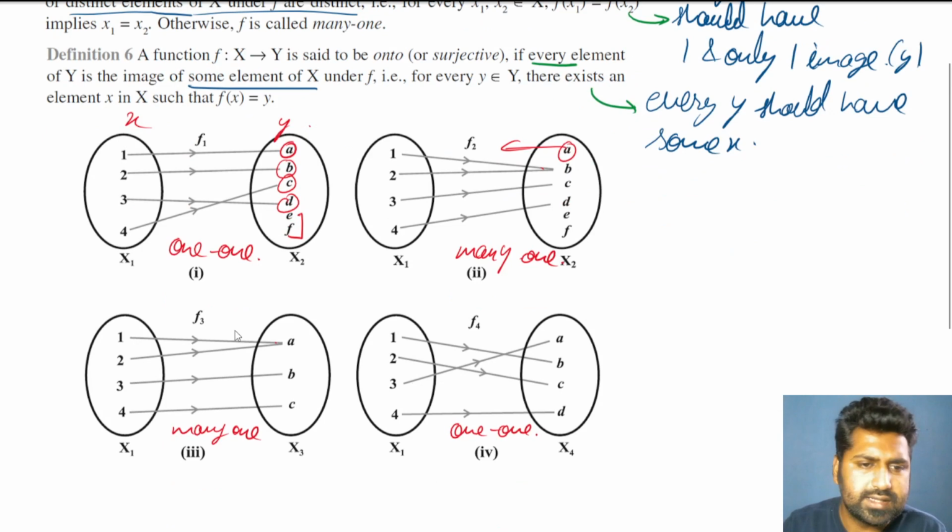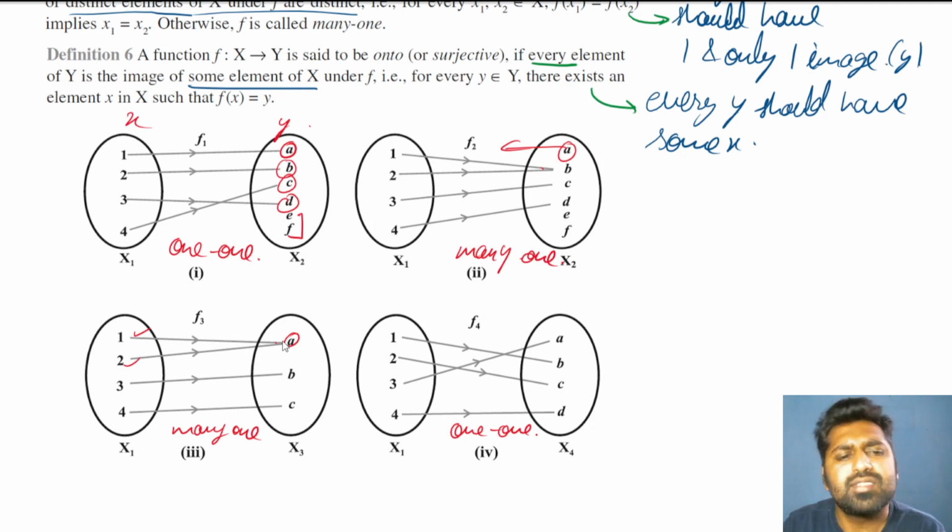Whereas in this one, a has some x, 1 and 2 are both values of x for this a, but it doesn't matter as long as you have some x for it. B also has some x, C also has some x, so yes, this is onto.